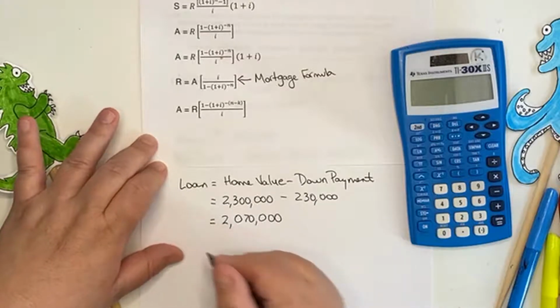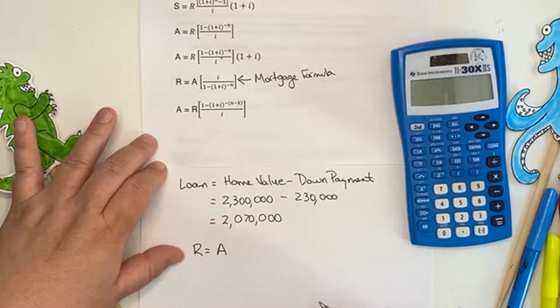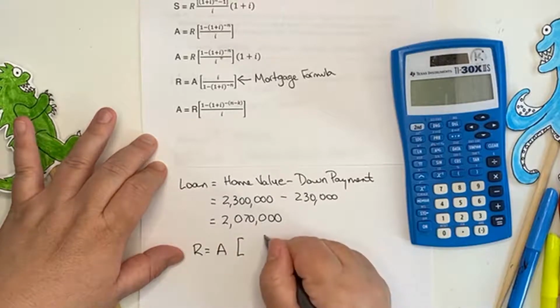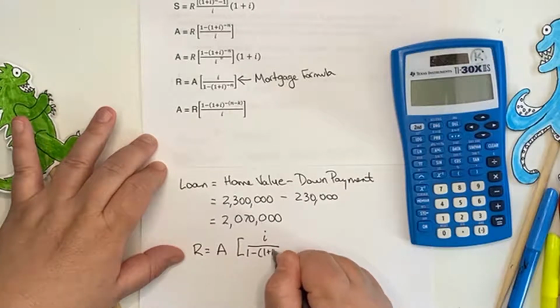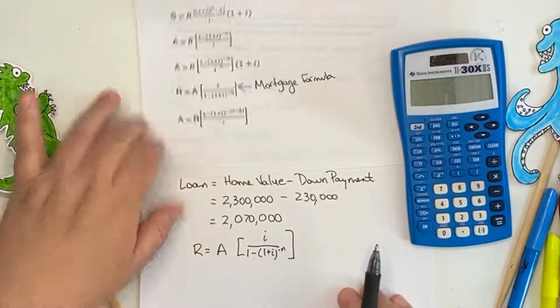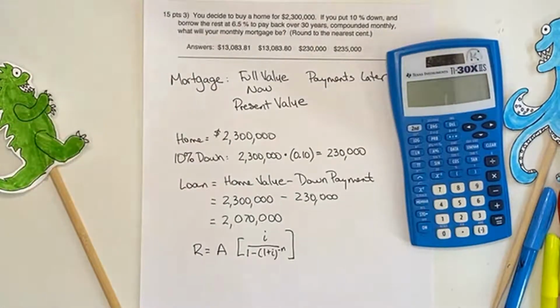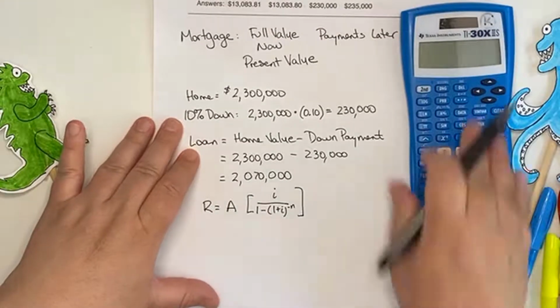Okay, so my repeated payment is going to be the amount of the loan times the quantity i all over 1 minus (1 plus i) to the negative n, or the opposite of n, just like that. Okay, so formulas away. And now we've got to figure out all these different parts.